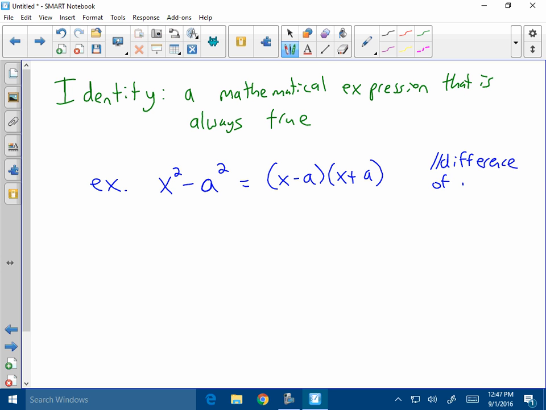Right, that's difference of perfect squares. So we already know that, and that's actually an example of what's called an identity, because that's something that's always true, right? Whether it's x squared minus 4 or 25 minus y squared, it's always going to follow this pattern at the end. Okay, so there's our identity.